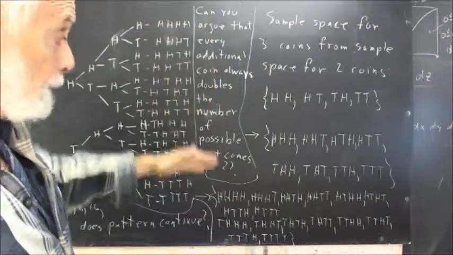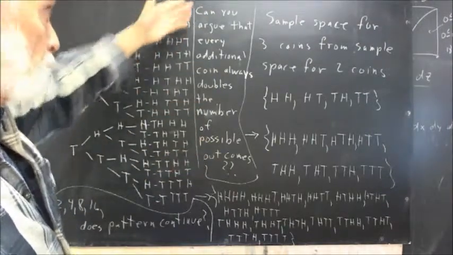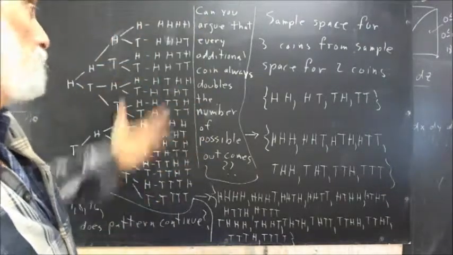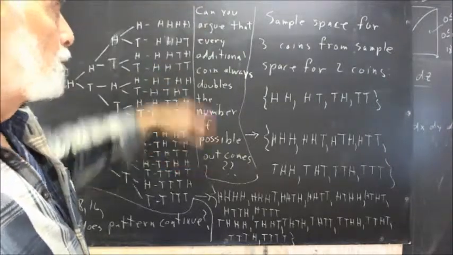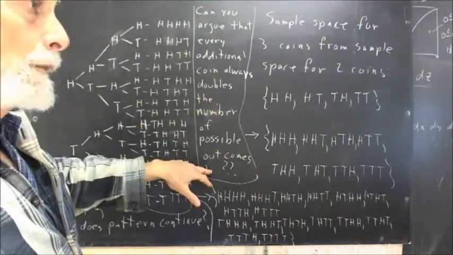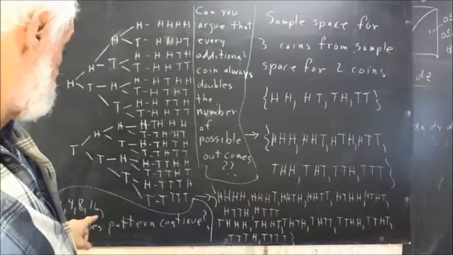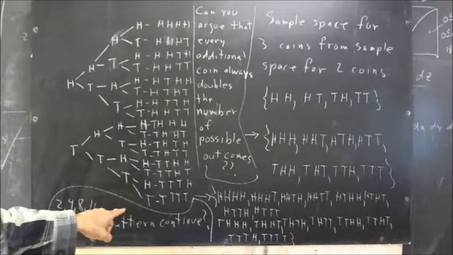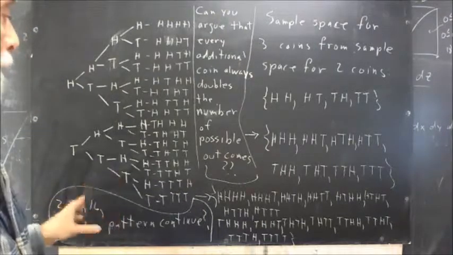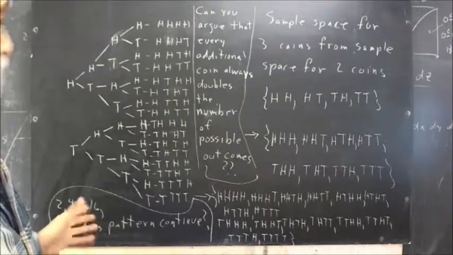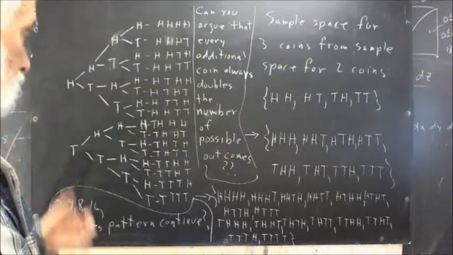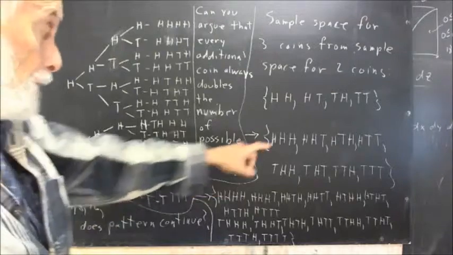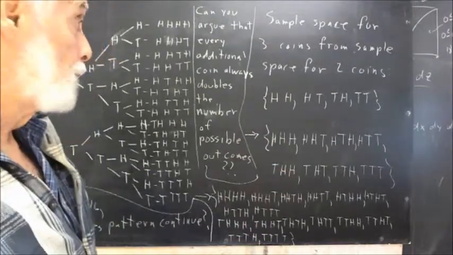But can you come up with a simple statement or a complicated statement, paragraph, book, whatever, that would argue that this is the case, that this pattern is going to continue? The next one will be 32, the next one will be 64, and no matter what, if you add a coin, you're going to double the number of possibilities, the number of outcomes in your sample space.